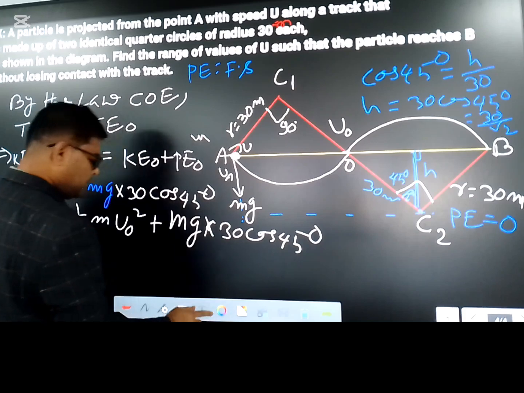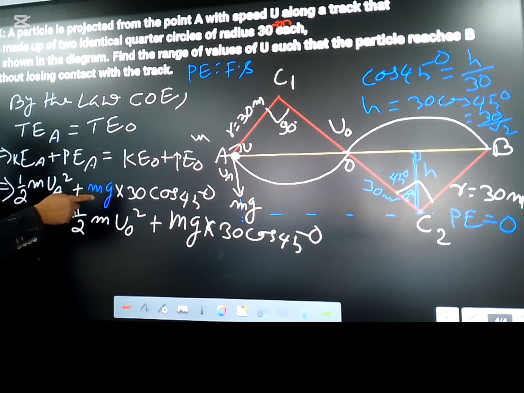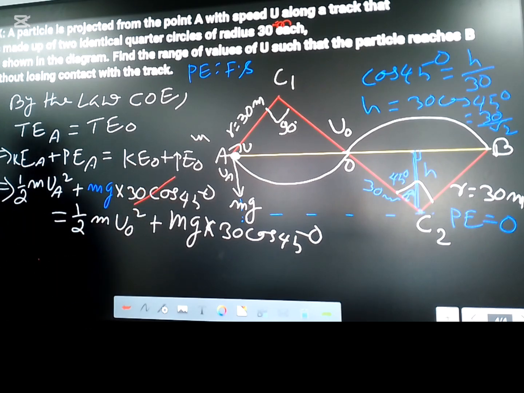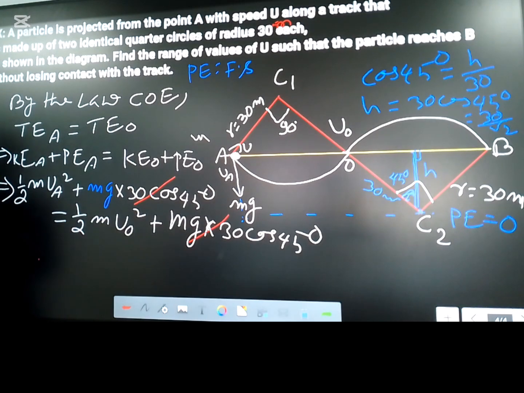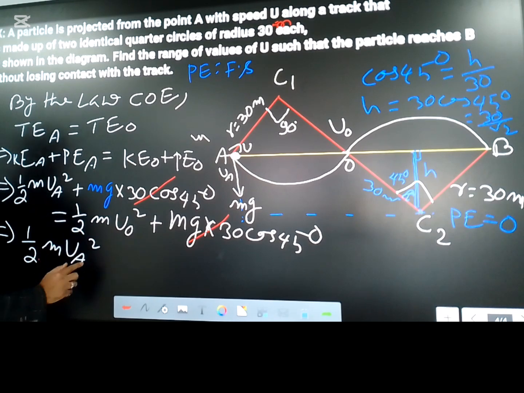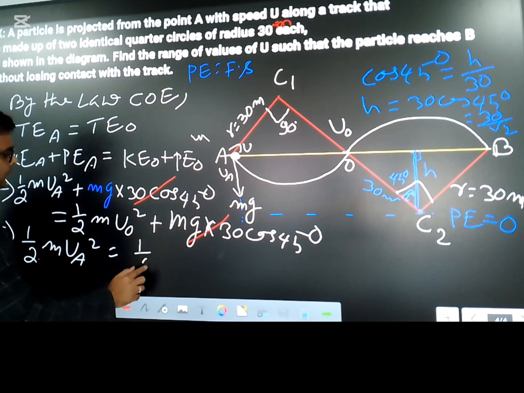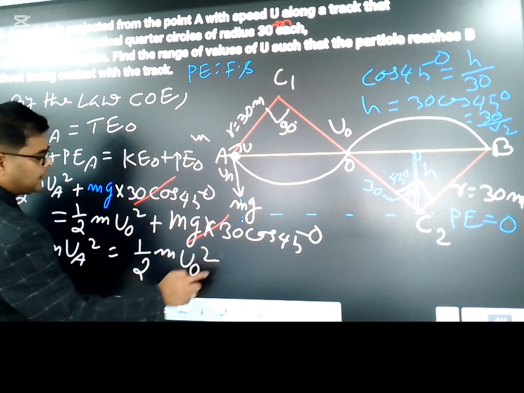And from both sides you will see that this is mg cos 45 degrees and mg cos 45 degrees. They are now cancelled out, so that we see half m ua square equals half m uo square. These are remaining here.